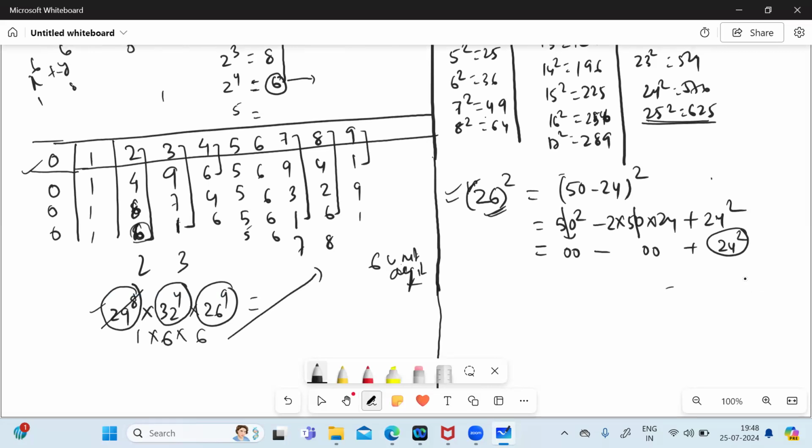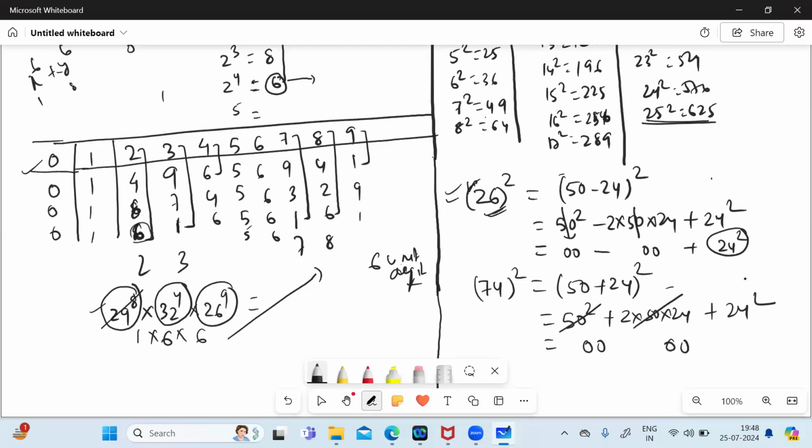Similarly, if I take the number 74 and square it, we can write the same number as 50 plus 24. What I'll get here is 50 square plus 2 into 50 into 24 plus 24 square. As last two digits, here 00 and here also 00. So even 74 square will have the same last two digits as 24 square.